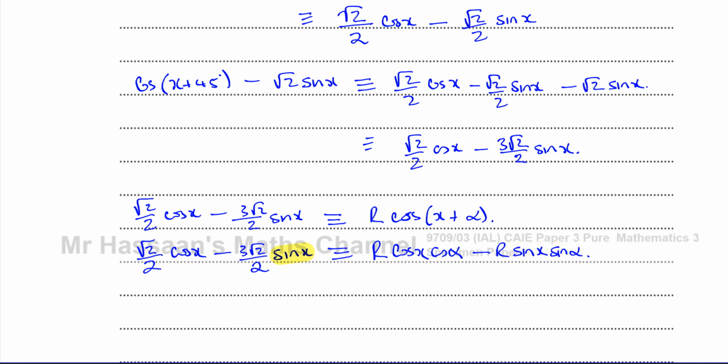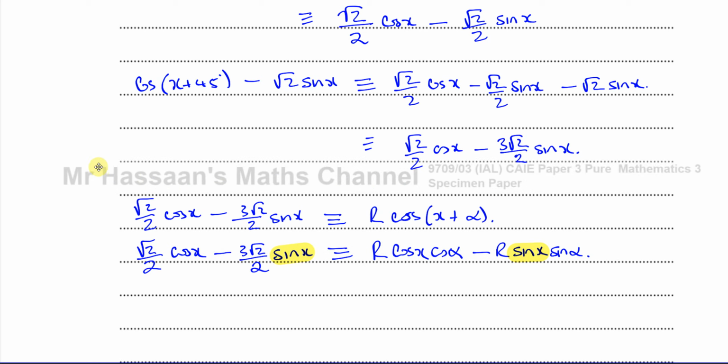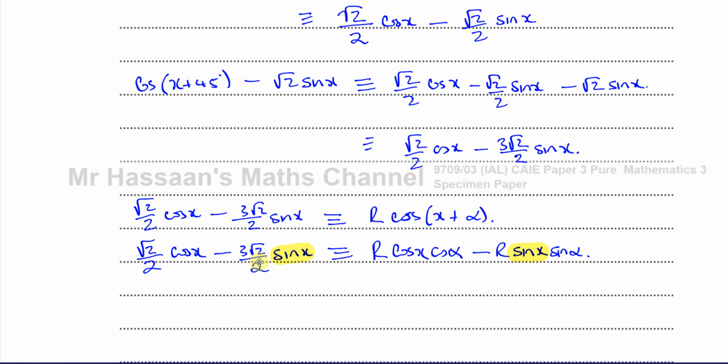Here's sine x on this side, here's sine x on that side. The coefficient of sine x on this side is minus 3 root 2 over 2. On this side it's minus r sine alpha. So we can say 3 root 2 over 2 is equal to r sine alpha, because these are identical.